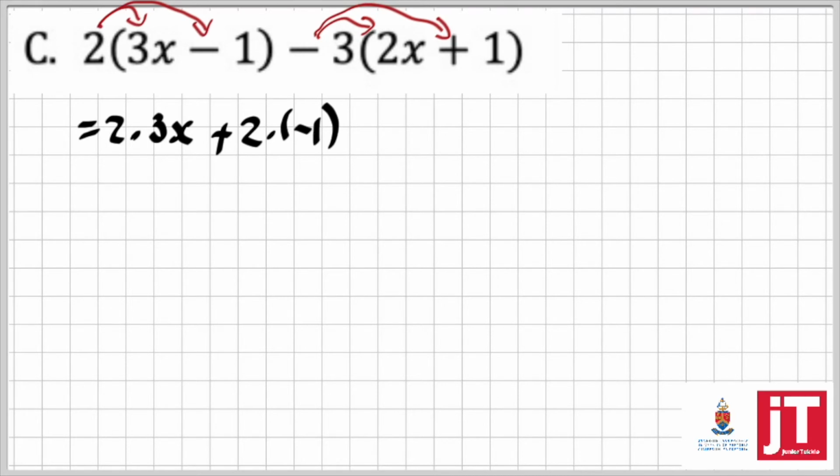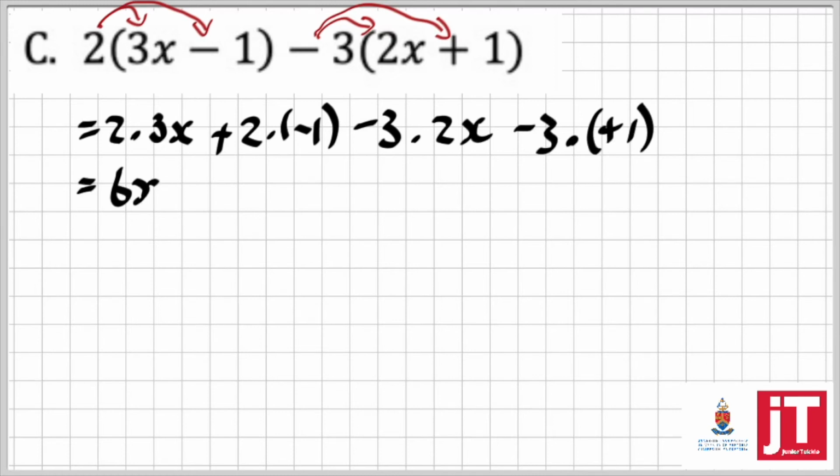Now, if you are familiar with this step and you are comfortable with this step and you want to skip this step, please feel free to do it. So you could straight off go to the next step where you say this is 6x minus 2 for the first one.